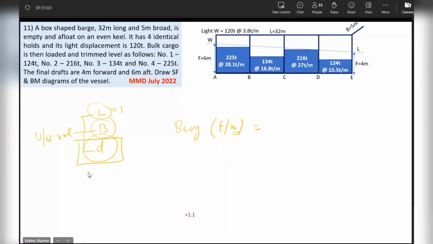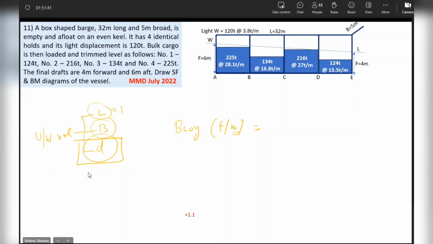So exactly like the weight of cargo, where the height was changing, and we said it is the weight of cargo over 1 meter length, assuming the height to be the same as the height at that particular point. Same thing with buoyancy. If I say buoyancy at point B, what I mean is buoyancy for the draft corresponding to B. That means the weight of the water displaced, assuming that the draft at B was continued for 1 meter.